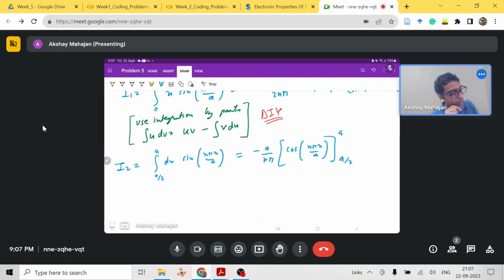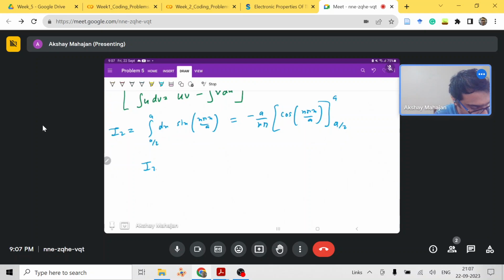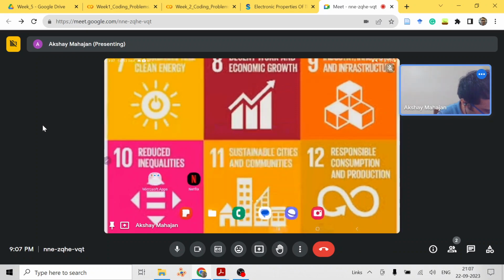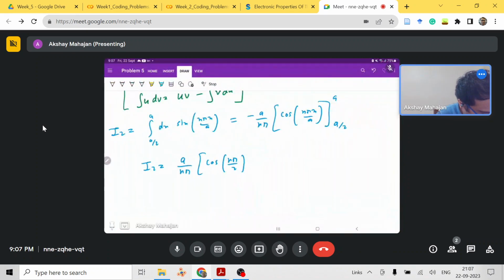So the I2 value will be equal to a upon n pi times cos of n pi by 2 minus cos of n pi. So this is an easy calculation to do. You can check it and do it.